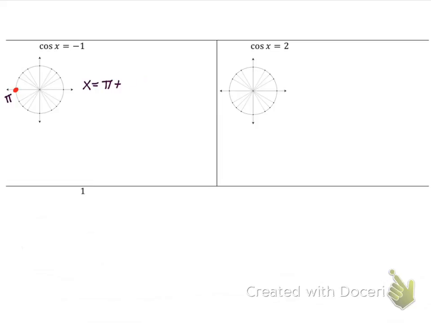Well, let's not use 360, let's keep it in radians. Instead of 360, we're going to do 2 pi k, which means I can already set up my set builder, which is x can be anything such that x equals pi plus 2 pi k, where k is an element of the integers.